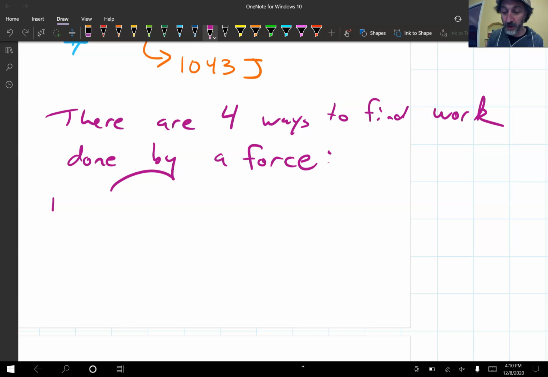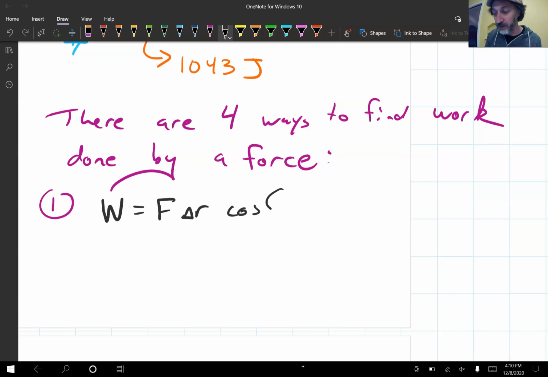Option number 1 is to use the equation that we've been using. Work done by a force is equal to the magnitude of the force times the displacement times the cosine of the angle between those 2 vectors. Don't just write down the equation. Make sure you know what the things are, okay? And as a reminder, you do not use positives or negatives.